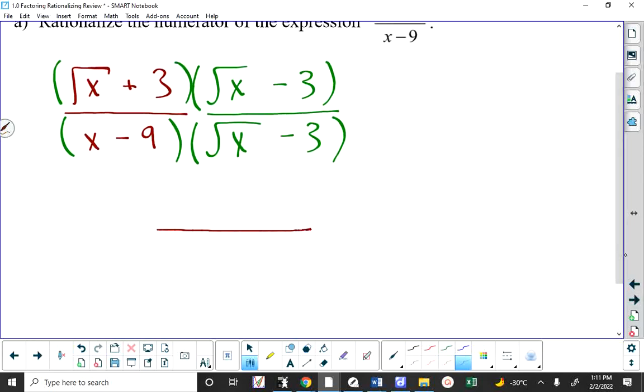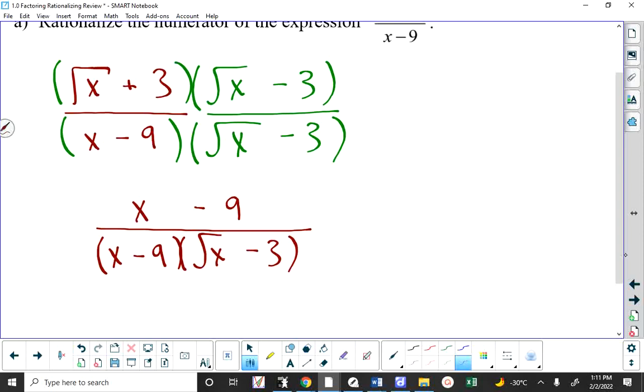So we have in the denominator x minus 9 as a factor and root x minus 3 as a factor. When you multiply out the numerator, we square the first and subtract the square of the second, and you get x minus 9. Is it clear why we didn't want to multiply out the bottom now?